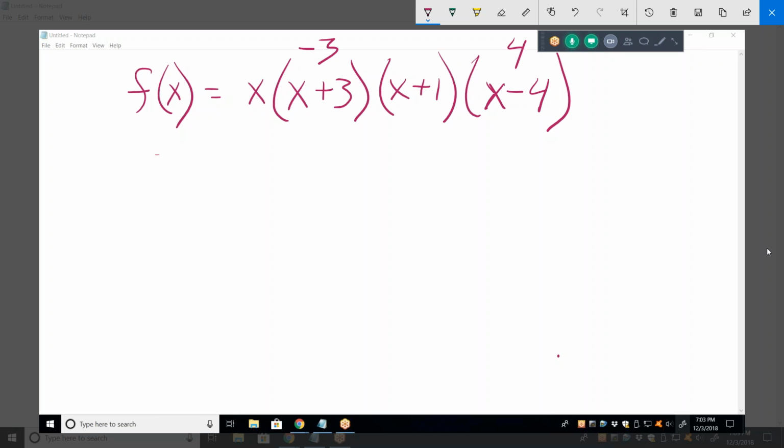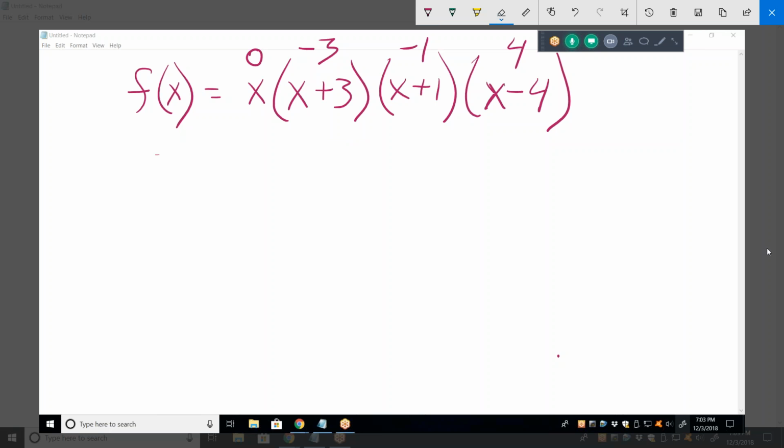How I get the negative 3 from the x plus 3? In other words, I'm setting each of these factors equal to 0. And so then x equals negative 1, x equals 0, and x equals 4. Those are your 4 zeros. Once you get it in factored form, it's pretty easy to find the zeros.